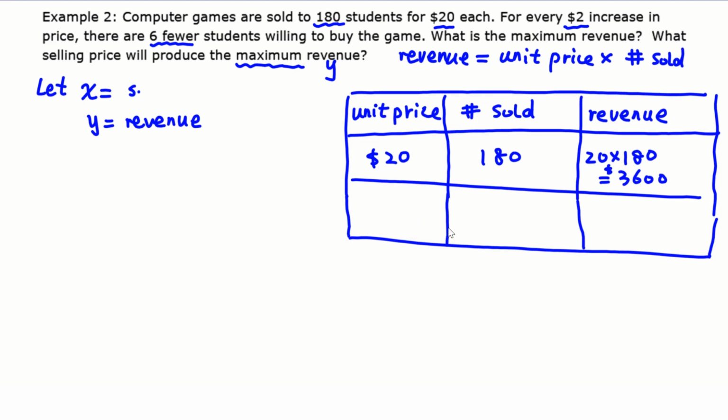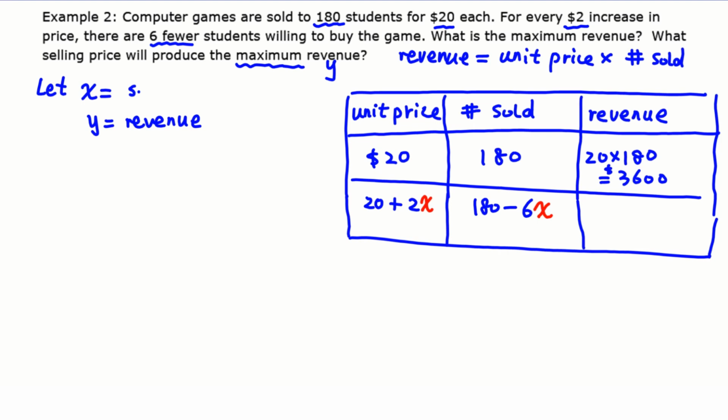So the unit price is 20 plus $2 increase, then you will have 180 minus 6. But we don't know how many times the $2 increase, so we are going to put x here. Each time 6 fewer students, so if you increase x times, it will be minus 6x.